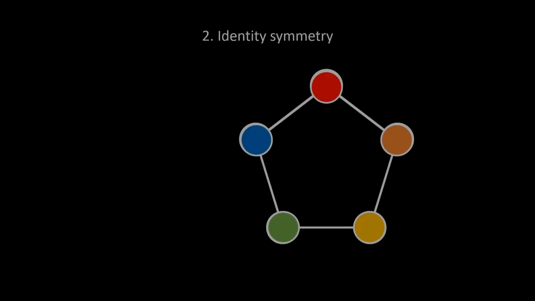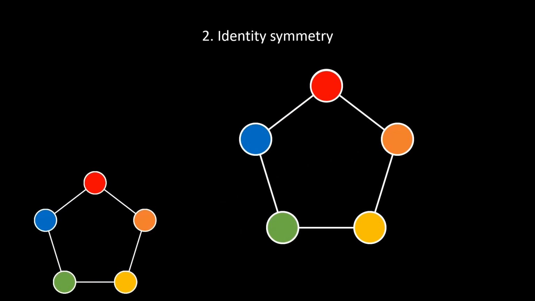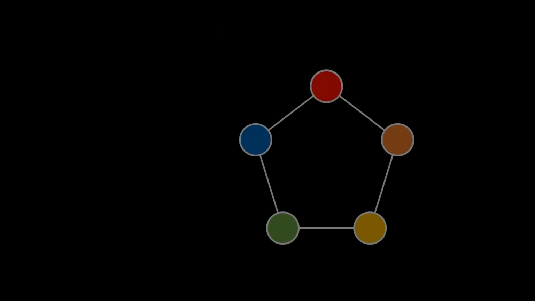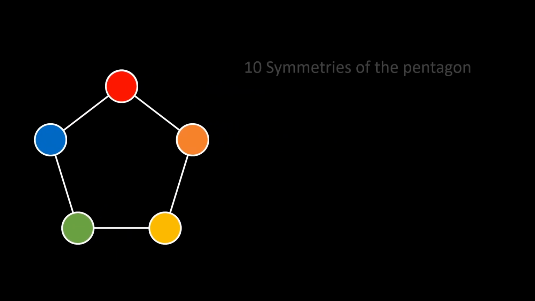Technically speaking, doing nothing with the necklace is still doing something. We call the symmetry of doing nothing the identity. You can think of this also as rotating the necklace by 0 degrees. This is our final symmetry. If we count all the symmetries together, we see that the pentagon has 10 symmetries.